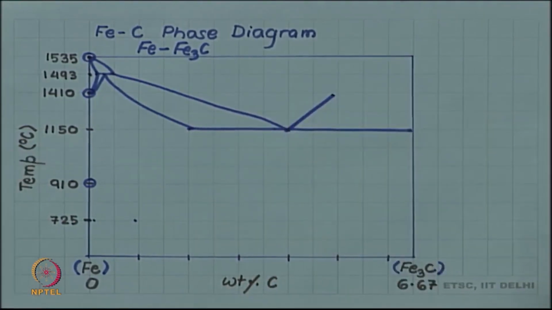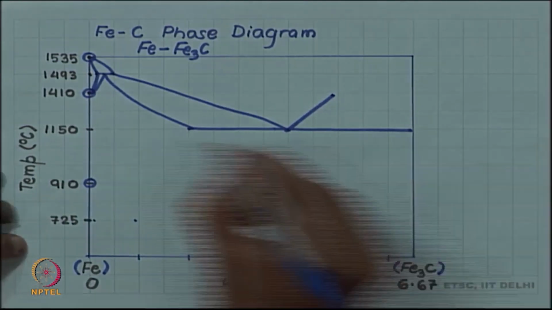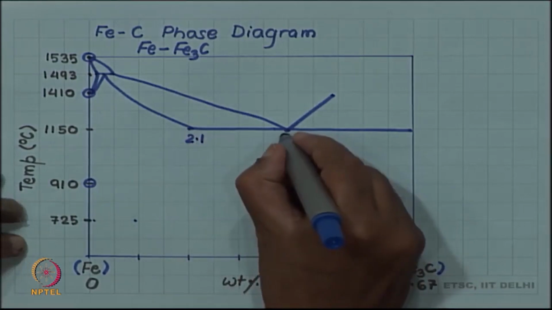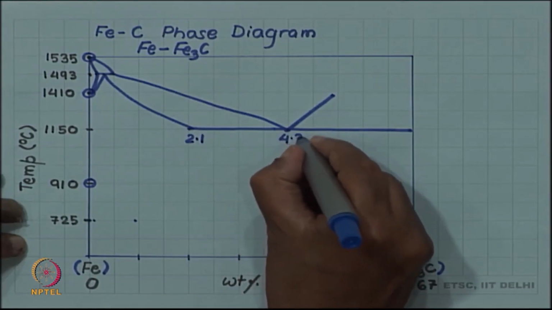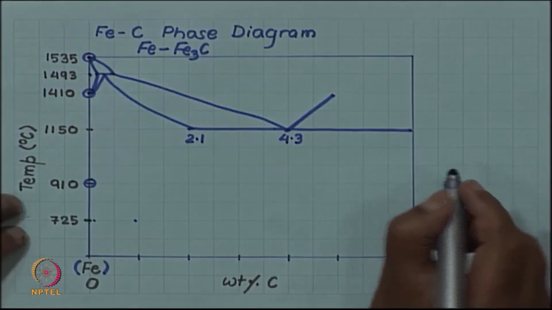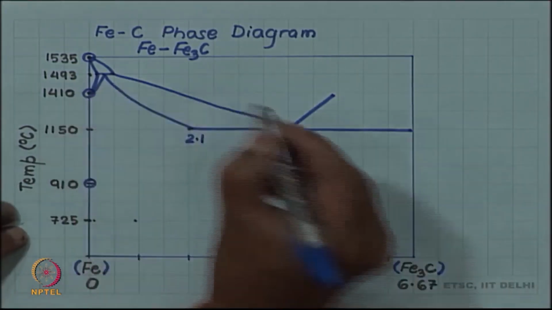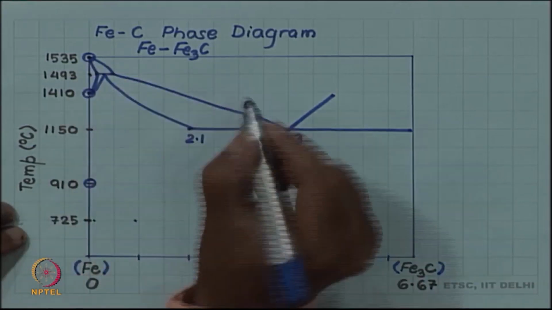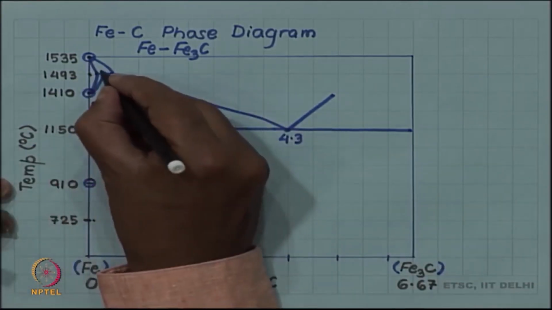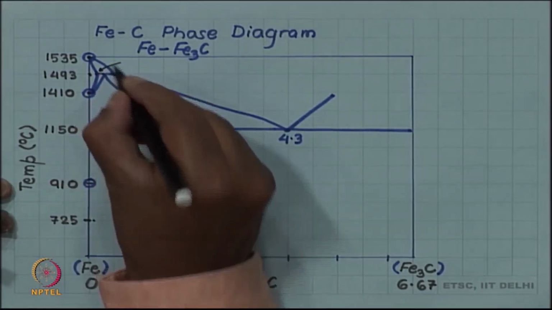This is 2.1 weight percent carbon, this is 4.3 weight percent carbon, and here of course the compositions are a little difficult to indicate, but let me try to indicate.